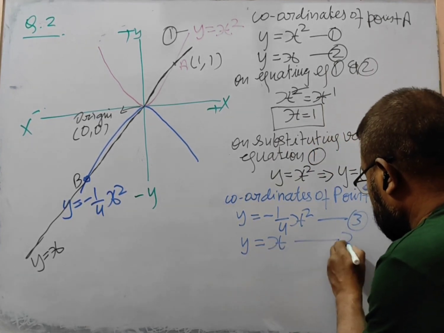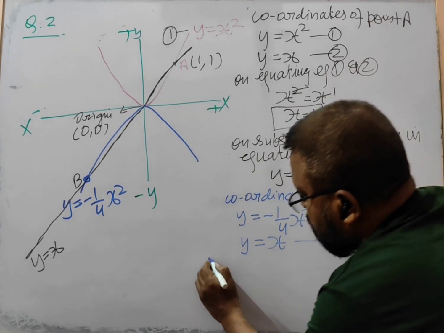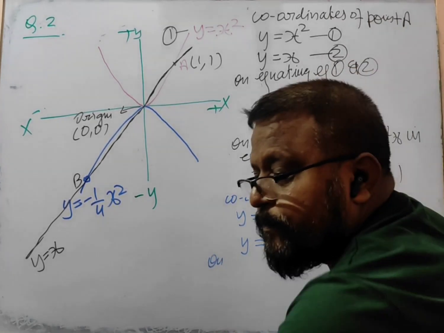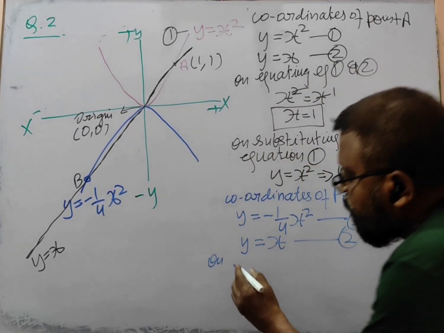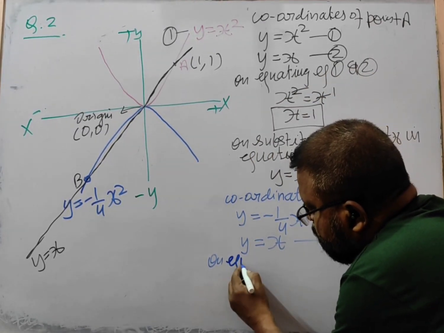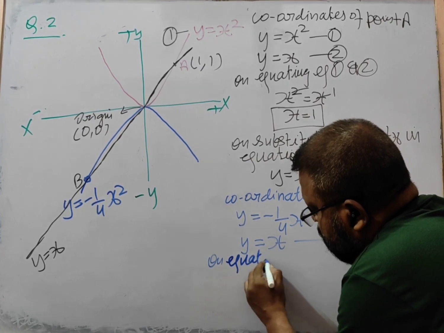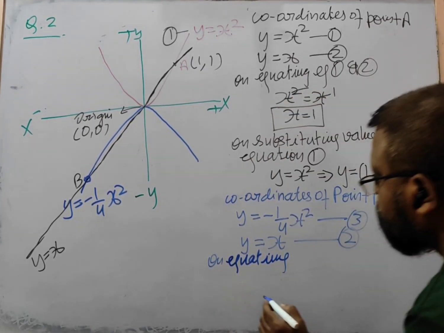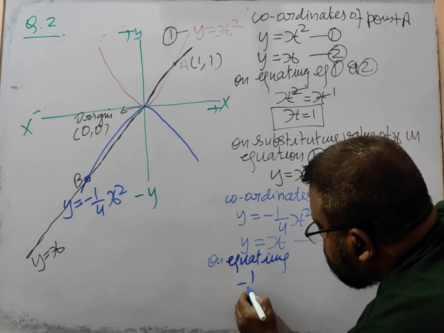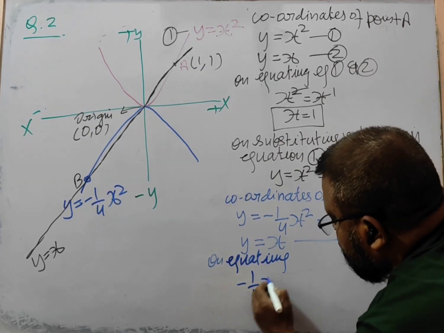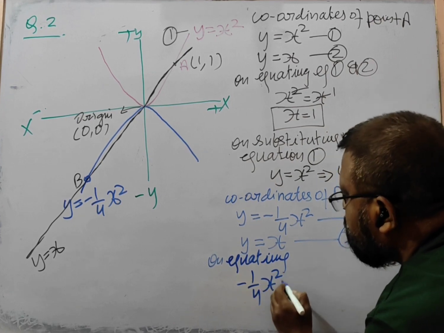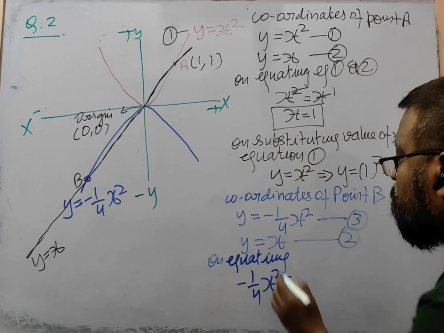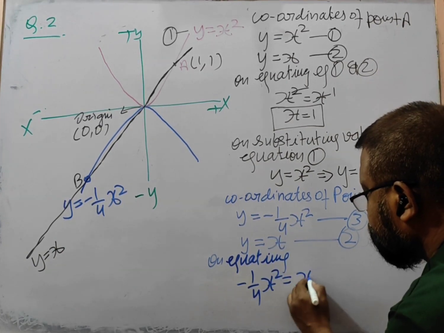So on equating, we get minus 1 upon 4 x square is equal to x, right?